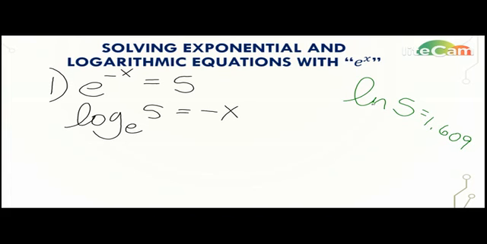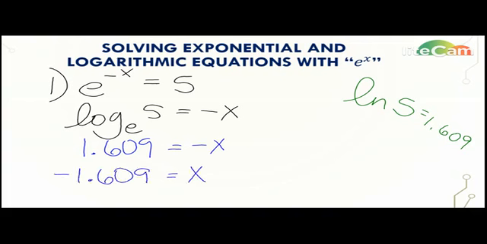If I just put the ln button and 5 in the calculator, I'll get 1.609. So I'm going to replace that log base e of 5 with 1.609, and then I'm going to divide by -1, and your answer should be negative 1.609.